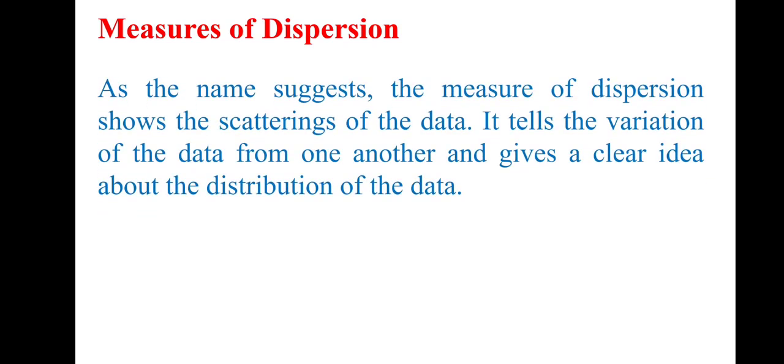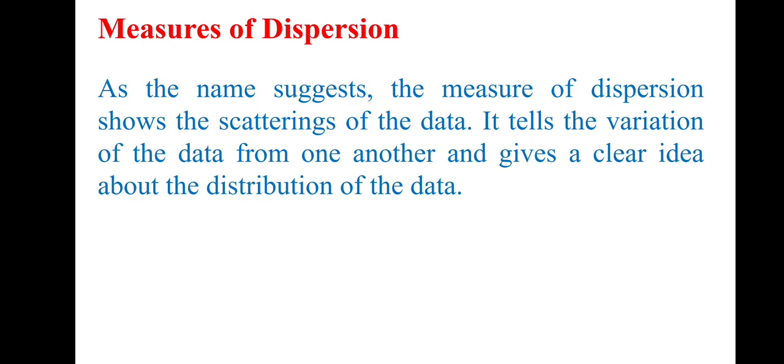First, what are measures of central tendency and dispersion? Here, first we will study dispersion. As the name suggests, the measures of dispersion show the scattering of the data. That means the values are scattered or collected, grouped. Values of the same kind we make into one group.